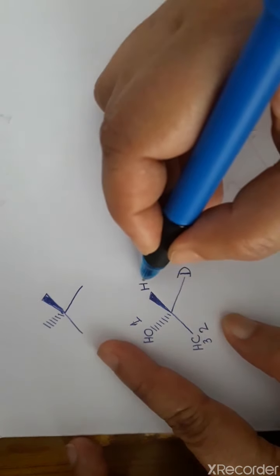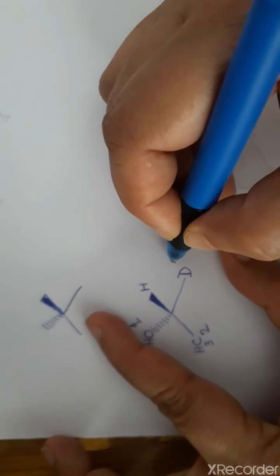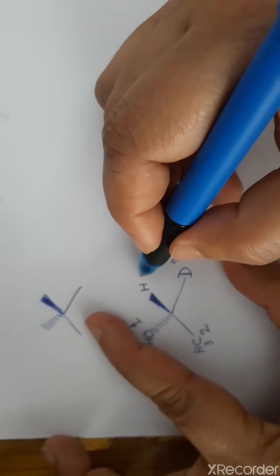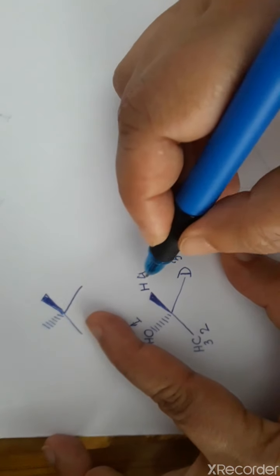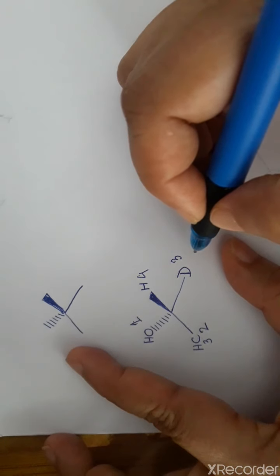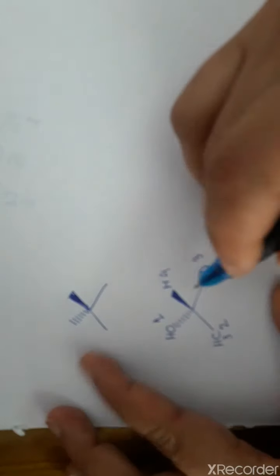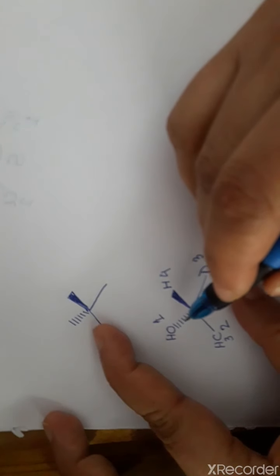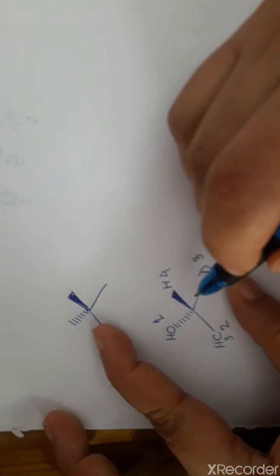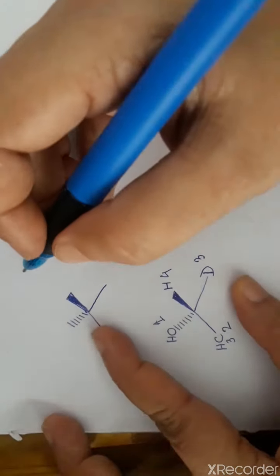Then hydrogen gets the third priority, and deuterium, with the higher mass number, gets the 4th priority, and this is according to the third rule of CIP. But in this case, we have observed that the lowest priority group is above the plane. Then what should we do?